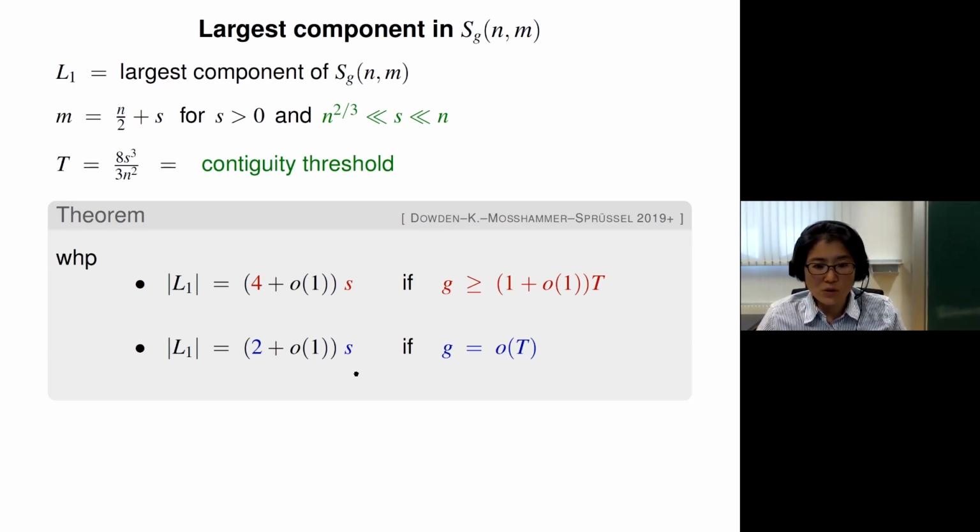This is analogous to the order of the giant component in the planar graph. As long as the genus is much smaller than the contiguity threshold, SGNM behaves like a planar graph in terms of the largest component. So many quantities behave this way indeed.